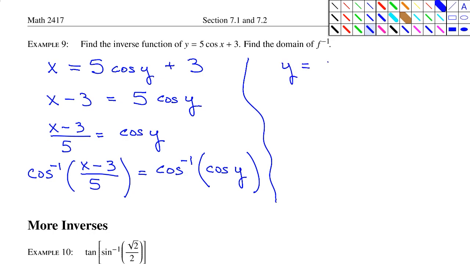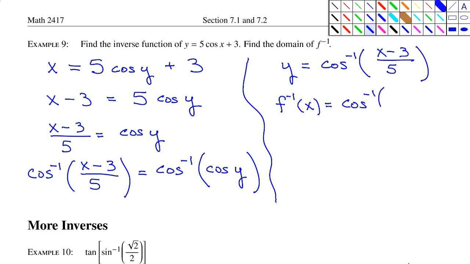And we set this up so that it will work. So y is equal to the arc cosine of x minus 3 over 5. Let's rewrite that as the inverse function, if you want. So f inverse is equal to the arc cosine of x minus 3 over 5.